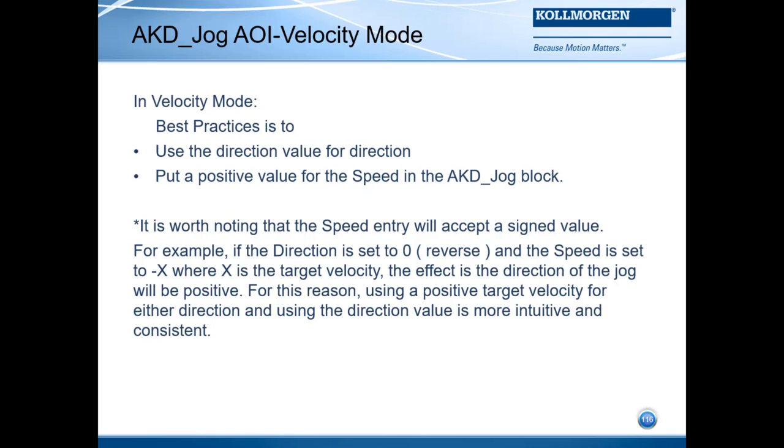For example, if the direction is set to 0, which is reverse, and the speed is set to a negative value, negative x, where x is the target velocity, the effect is the direction of the jog will be positive, because you're reversing but then also setting a negative value, so the two negatives cancel each other out. For this reason, using a positive target velocity for either direction and using the direction value is more intuitive and consistent.